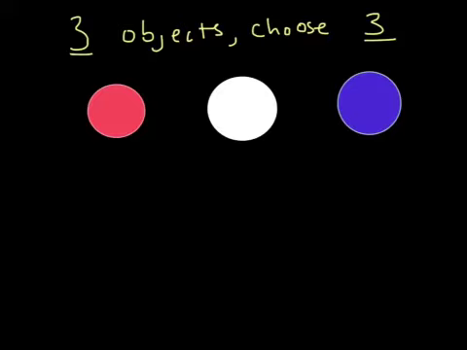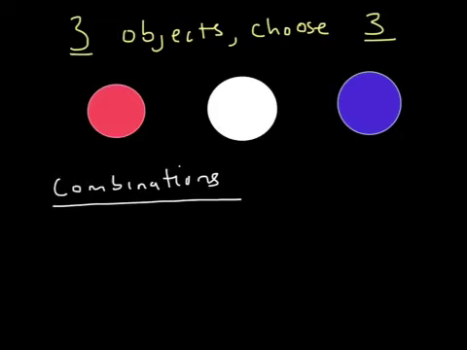Okay, let's extend this idea of combination and permutation even further. So now instead of having only two objects, we have three objects. And what we want to do is take these three objects and choose three objects. So in terms of combinations, where order does not matter, how many different ways can I take these three objects and choose three objects?